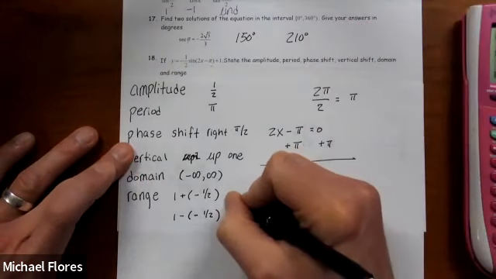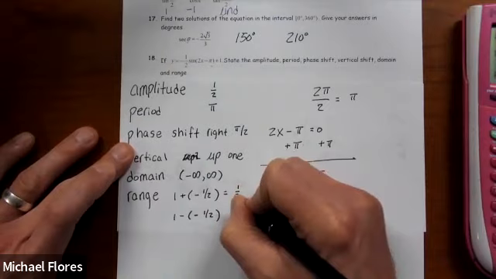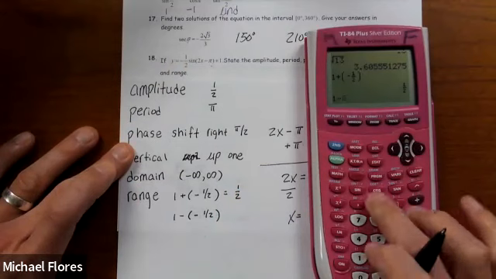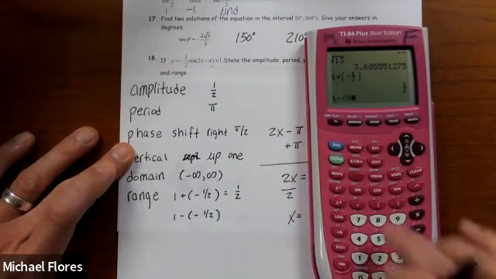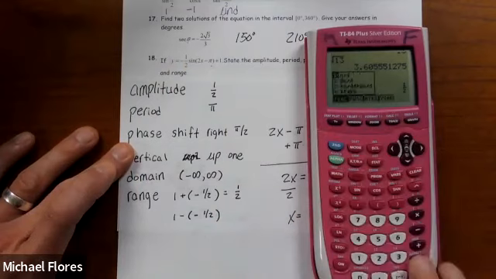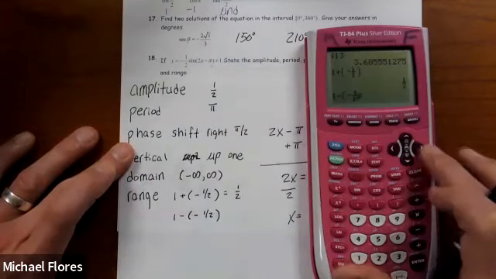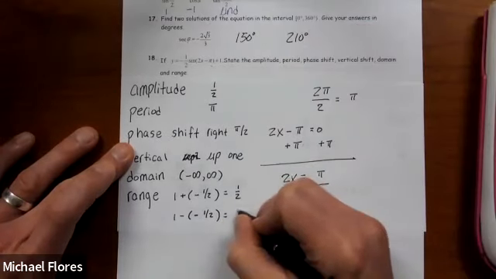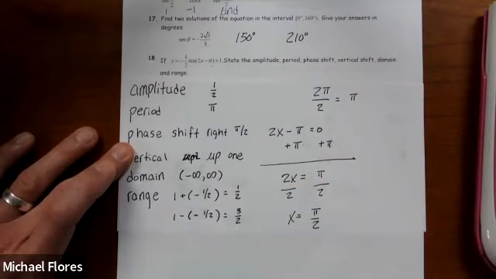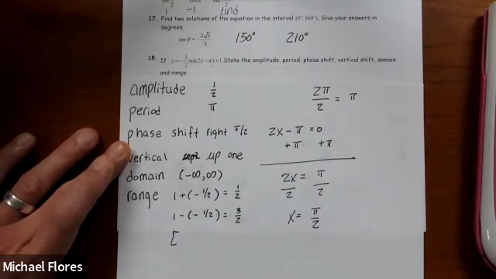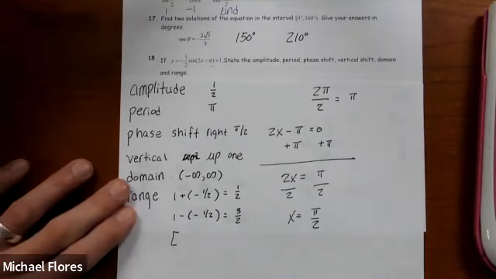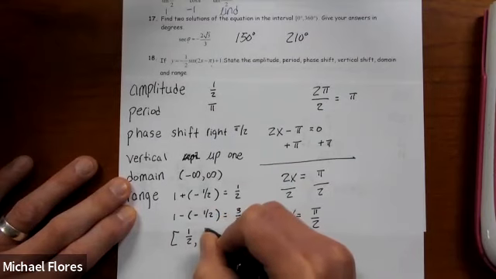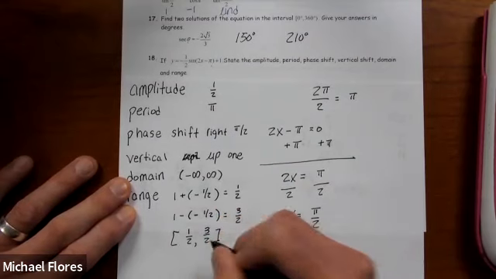And it gives us 1/2. And 3/2. So our range, make sure you're using, excuse me, brackets. Start with the lowest number first, then the bigger number. That is the range.